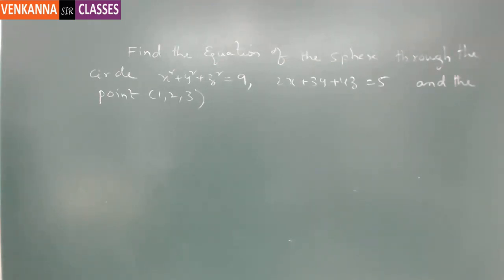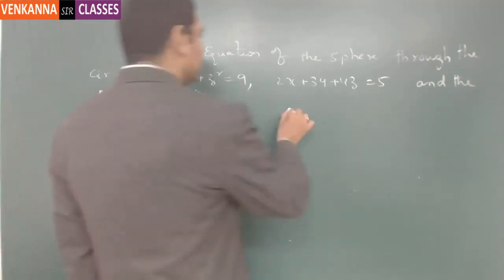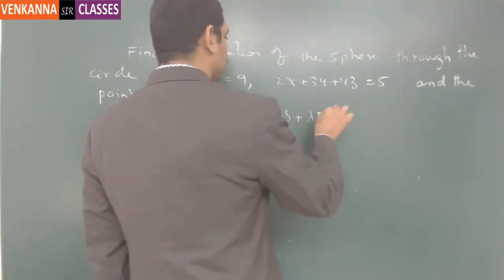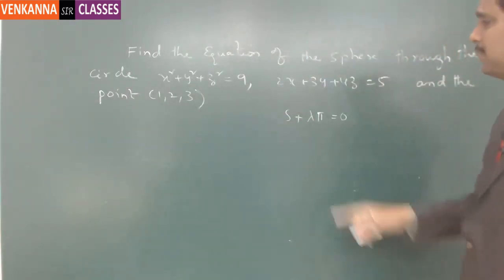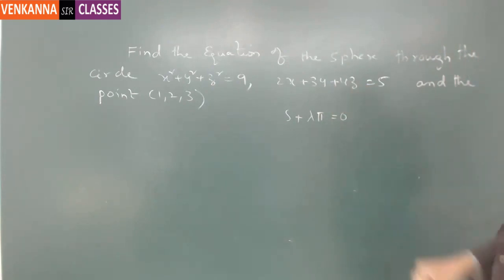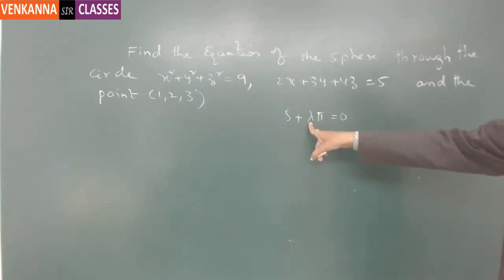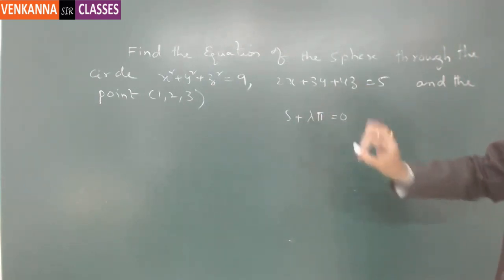So here we have to use the formula S plus lambda pi equal to 0, where S stands for the given sphere, pi stands for the given plane, and lambda is the parameter which needs to be found.